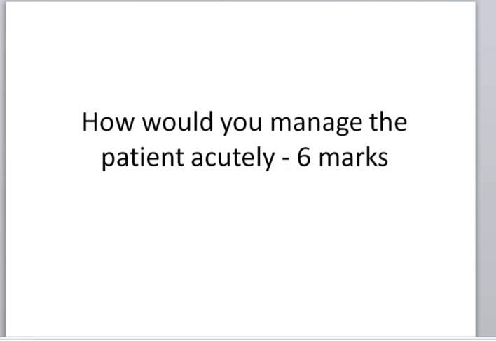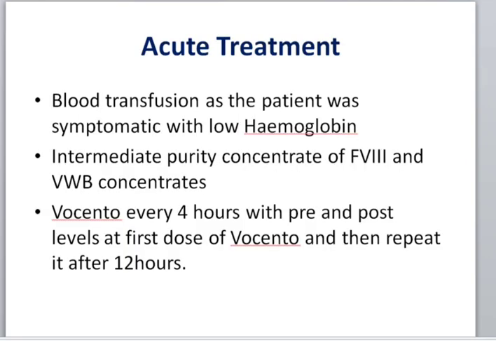Now, the question is regarding management, which can be asked in both part 1 and part 2. How would you acutely manage this patient? This patient has ongoing hematuria and his hemoglobin is low as well. So we need to address this patient's bleeding at the moment. If he continues to lose blood and he becomes symptomatic with anemia, you have to arrange blood transfusion for the patient if he is not a Jehovah's Witness.